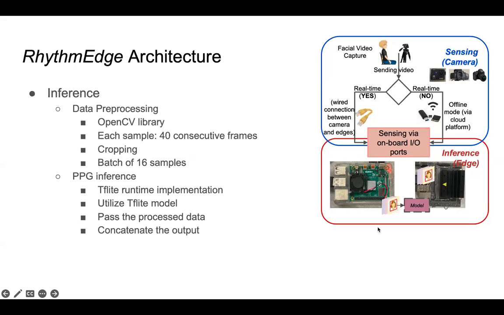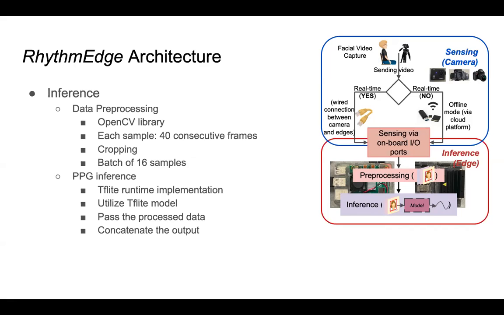Now, after receiving the video, the edge device infers rPPG in two steps. Firstly, it performs video pre-processing using the OpenCV library. The OpenCV crops and resizes each of the frames of the input video. Further processing prepares input for the rPPG model to infer by accumulating 40 consecutive frames.